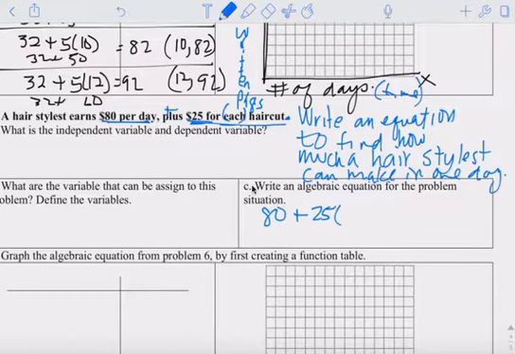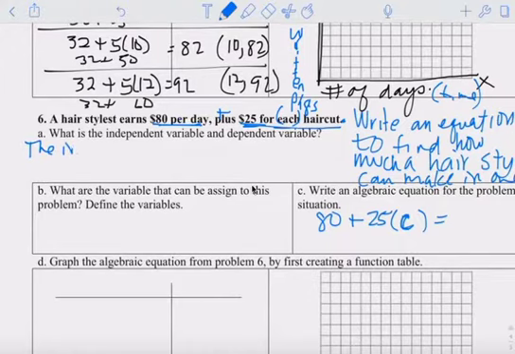For each haircut means times, each cut. Because we're finding how much they make each day, $80 plus the number of haircuts. If they cut 2, they make $50 for their haircuts and the $80 for being paid. So that's why the number of haircuts is the independent variable.